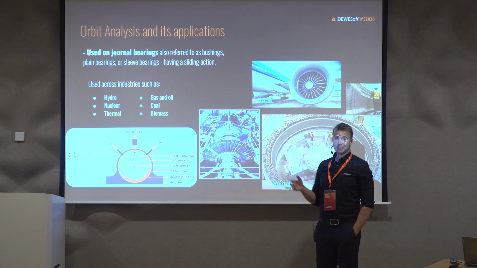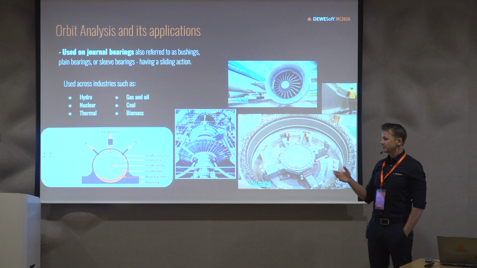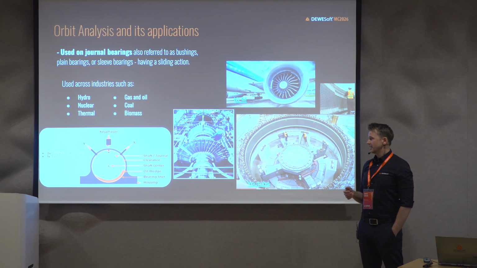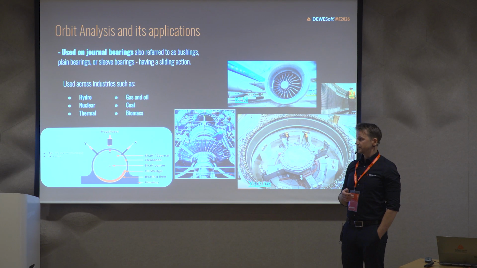And this is used in all industries. So you can imagine that you have these kind of bearings used for different things, and one of them is of course energy production.